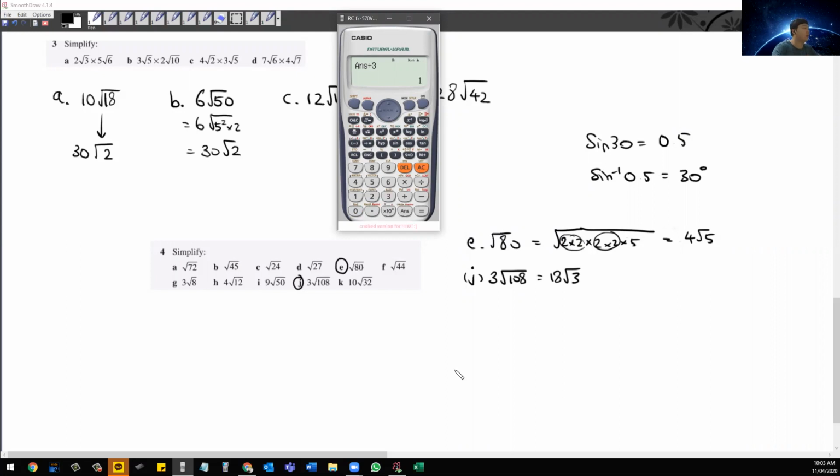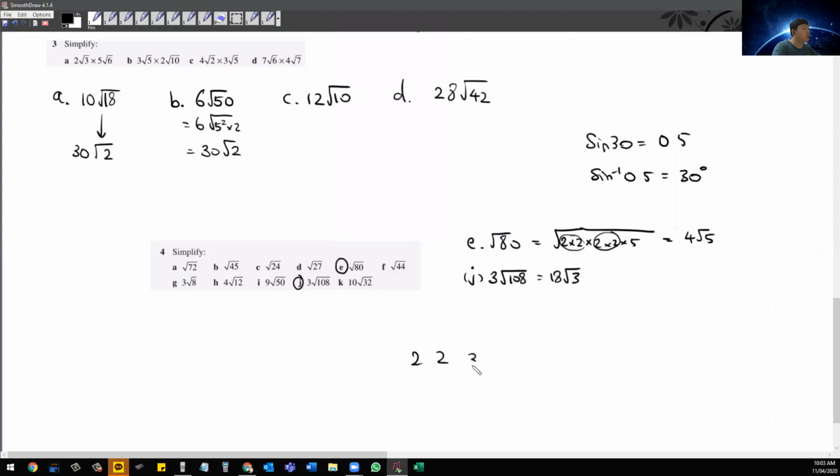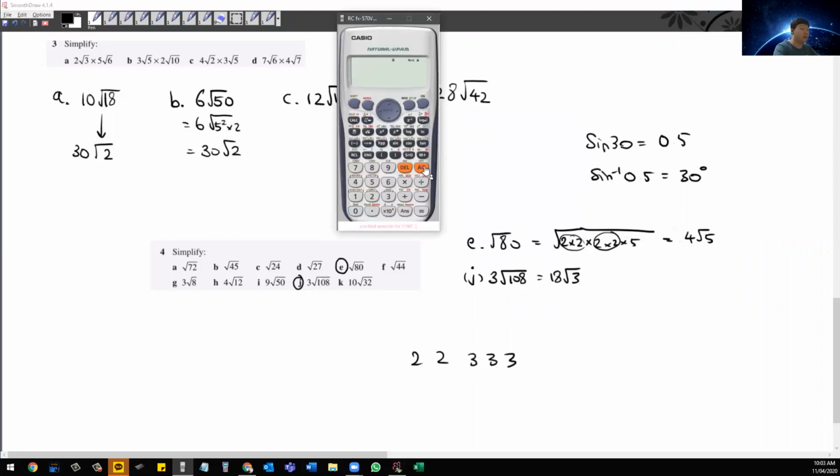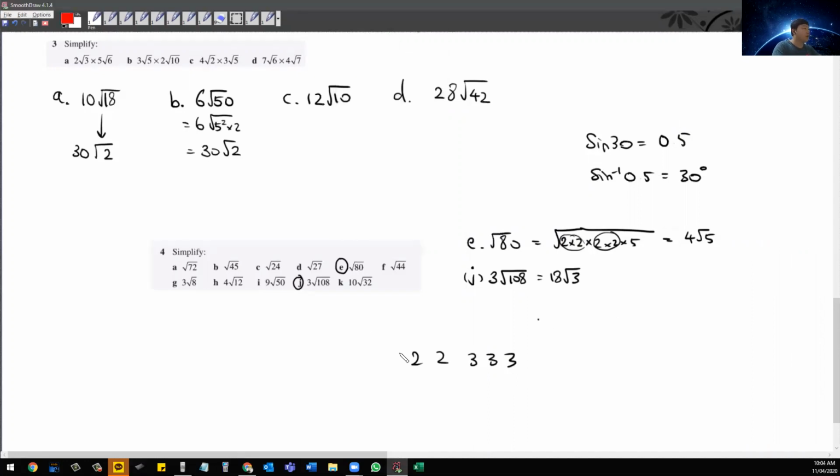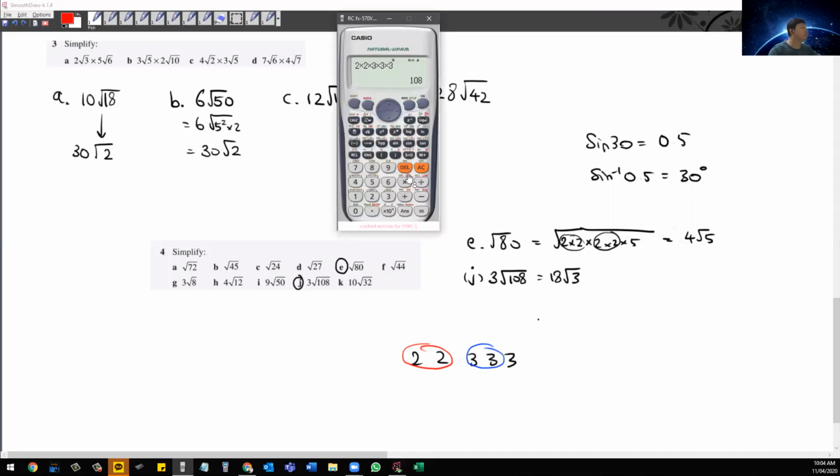So if you count all of that, it's 2, 2, 3, 3, 3. That's what 108 is. You just need to verify that using 2 by 2 by 3 by 3 by 3. That means that pair can come out and that pair can come out. So 6 comes out, 2 times 3. 6 times 3 is 18, and times it by the remaining thing. That's root 3. True? So that's the answer.